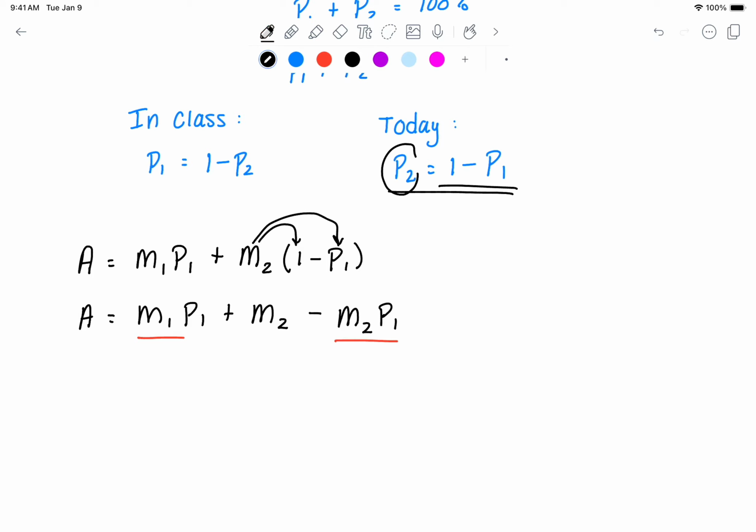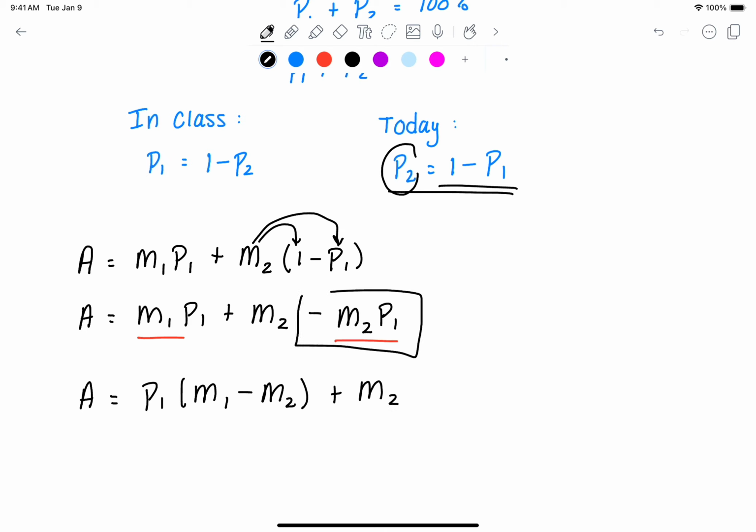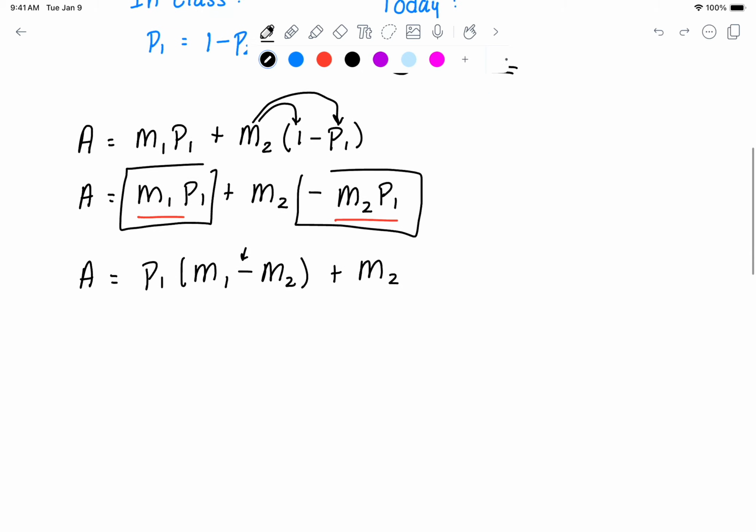So we're going to factor out that P1. That's going to give me A is equal to P1 times M1 minus M2 plus M2. I have this and this that I combined together, so I made sure to keep my negative sign in there, and then my plus M2 is there on the end. So I just factored out that P1 since they both had a common variable in them.